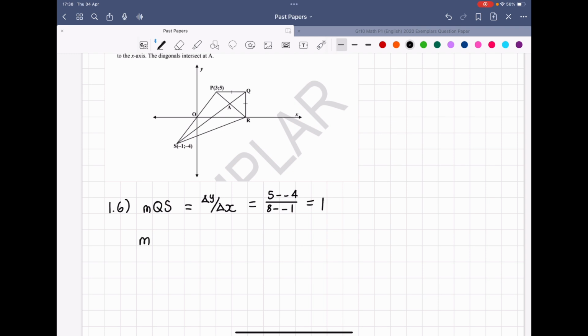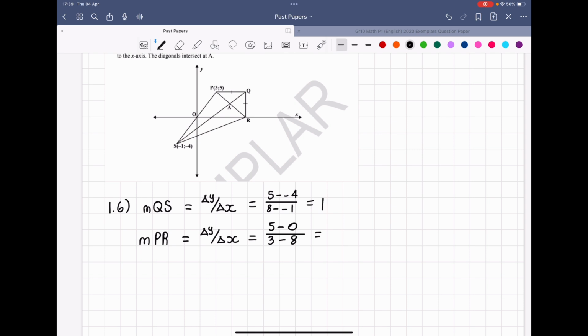Then I want the gradient of PR, which is again equal to the change in y over the change in x. And that's going to be the y value of p minus the y value of r. So the y of p was 5 minus y of r is 0. And then the x value of p is 3 minus the x value of r, which is 8.